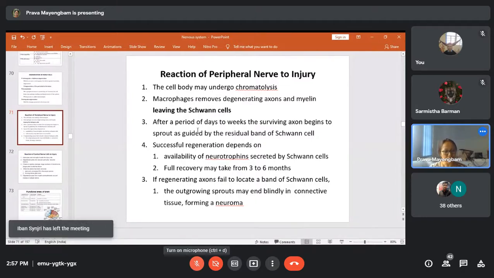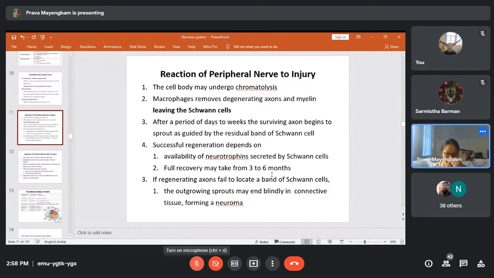Whether this process will be successful or not will depend on the availability of the neurotrophins. These neurotrophins are nothing but the nerve growth factors, and they will be secreted by the Schwann cells. If these leftover Schwann cells are capable of secreting enough neurotrophins, then the regeneration process will be successful. If not, it may not be successful.